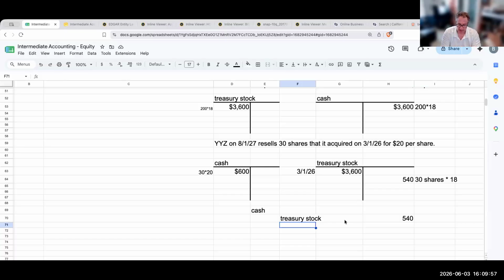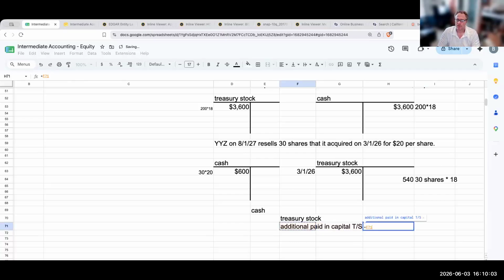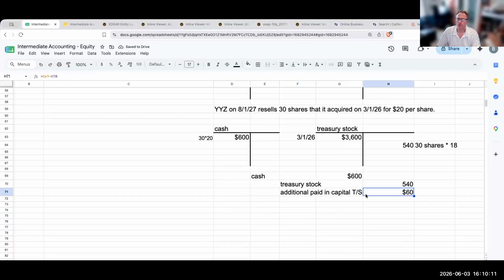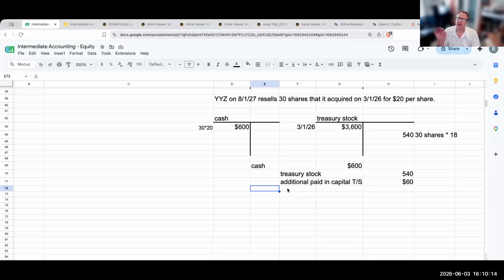So what I'm going to credit is additional paid in capital treasury stock for the difference of $60. So that's what I go through and do when I am reselling treasury stock at a gain. I don't record a gain, rather I'm going to use additional paid in capital treasury stock.